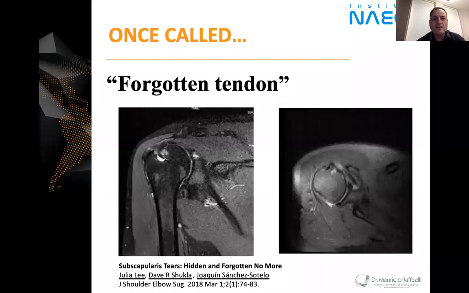This caused the subscapularis tendon to be known as a forgotten tendon for a while. Shown here is a patient already operated on for a subscapularis tear who maintained a subscapularis tear.